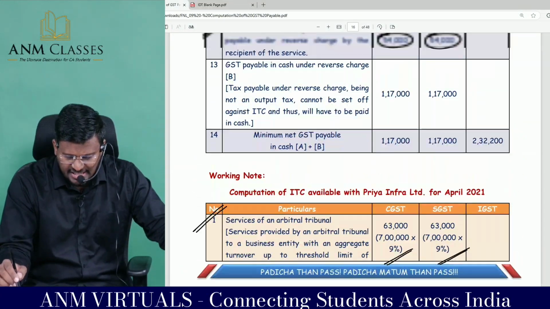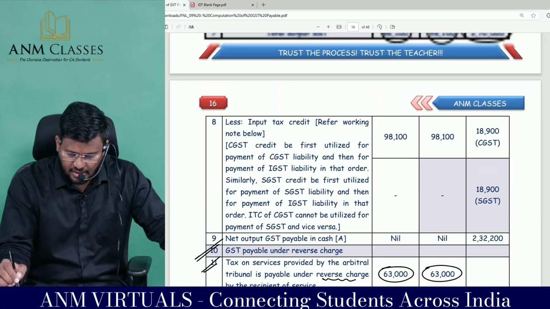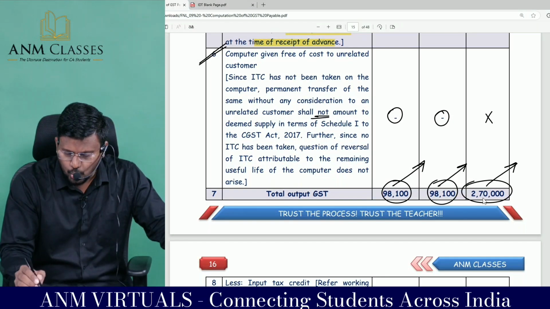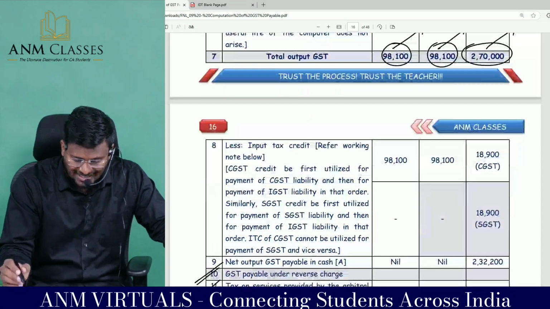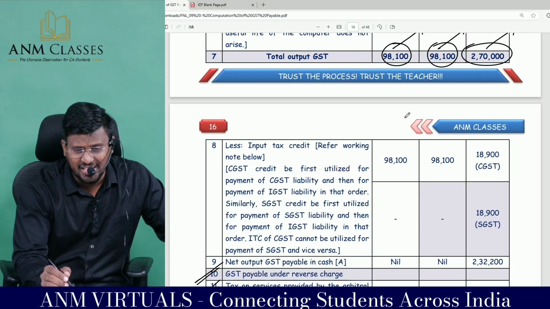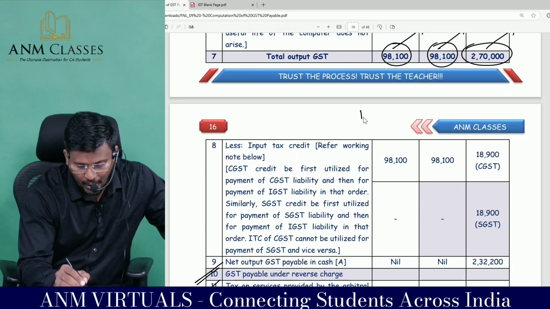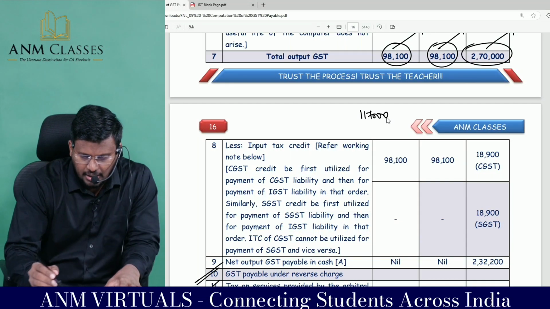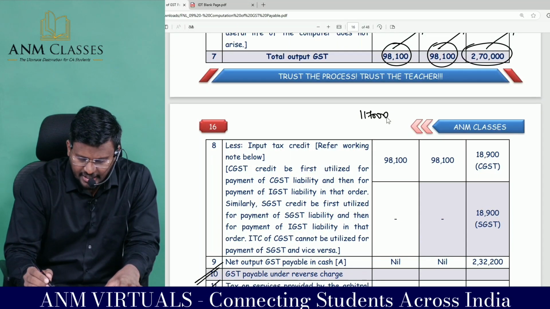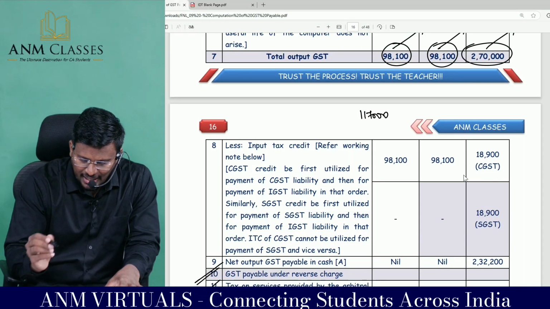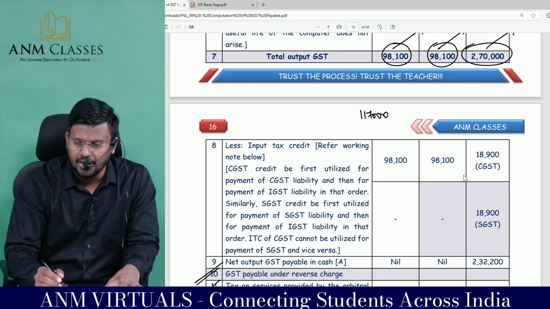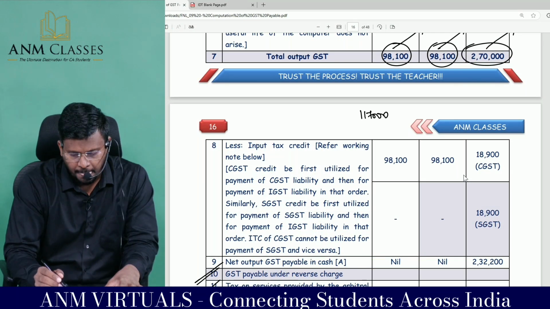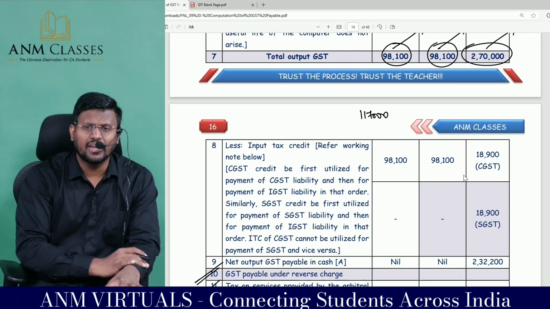So we have CGST credit and SGST credit. We have 2,70,000 rupees of IGST payable. Take the CGST credit. What was the CGST credit available? 1,17,000. Knock off that 1,17,000 against the 98,100. 1,17,000 minus 98,100 comes to how much? Still 18,900 is there.